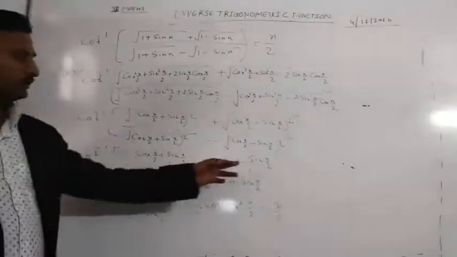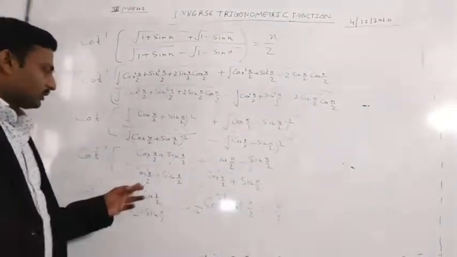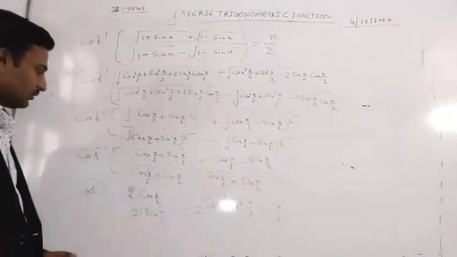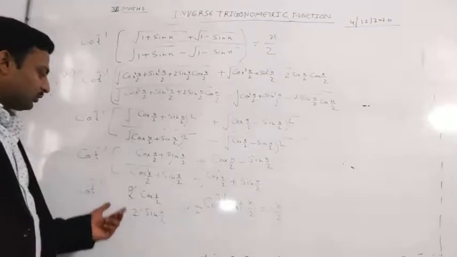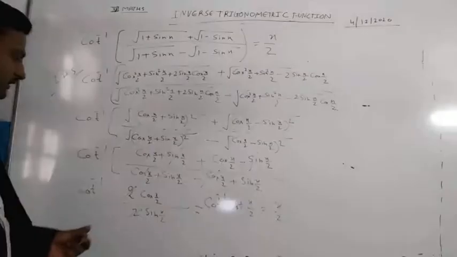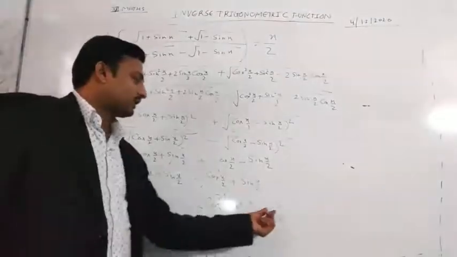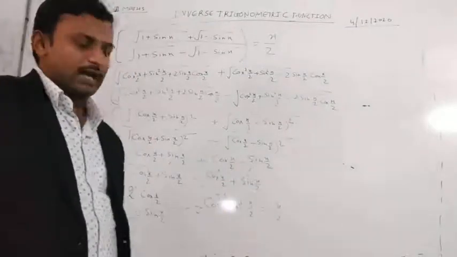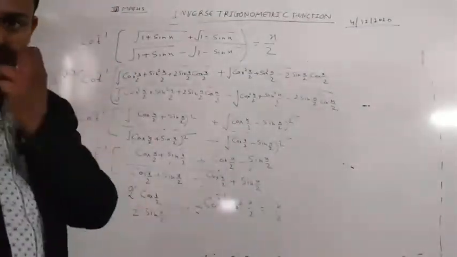So sin x by 2 will reduce, cos x by 2 will reduce, we get root 2 and root 2 will cancel, we will get cot inverse cot x by 2 which is equal to x by 2. This is what we had to prove.